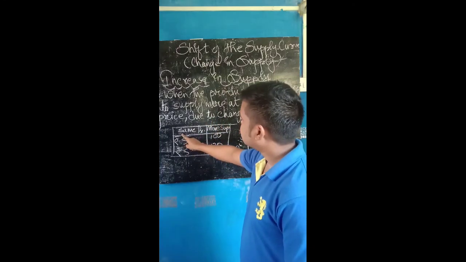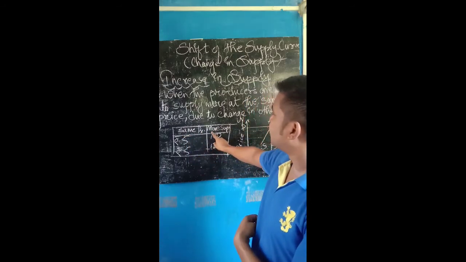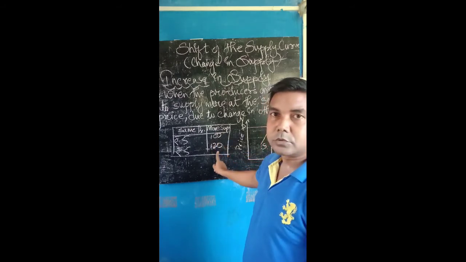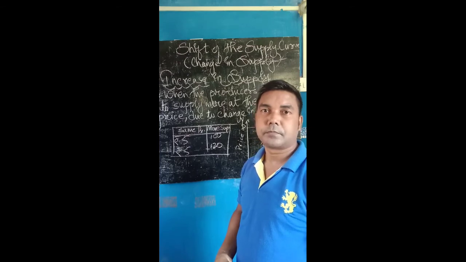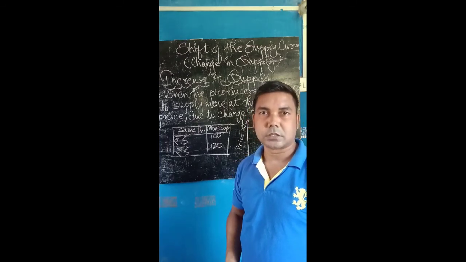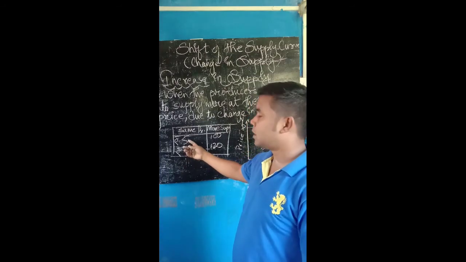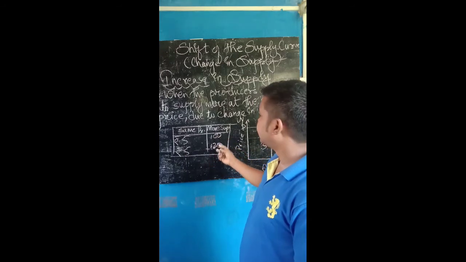Just see, same price of 5, supply is more, 100, 120. The producers are provided more relaxation in taxes, as well as subsidy. Because of that, at the same price, the producers are ready to produce more as compared to earlier.